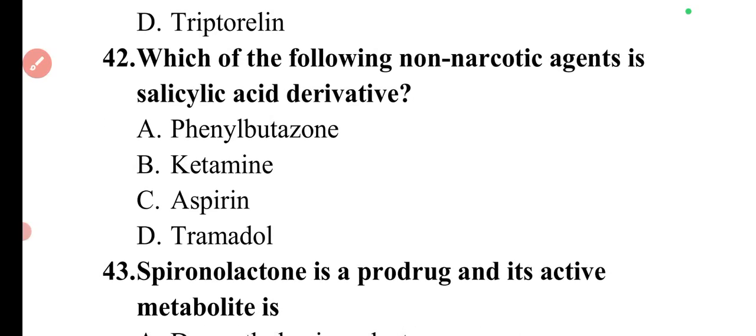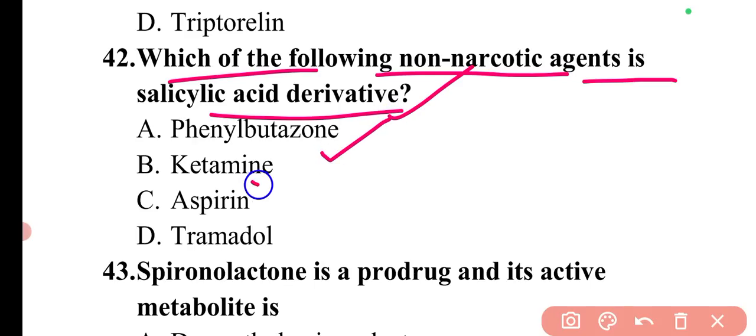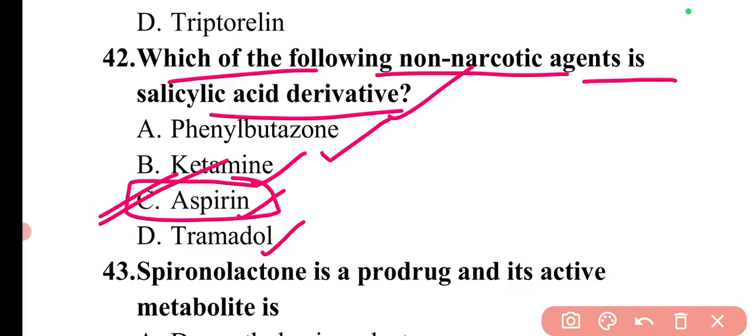Next question is, which of the following non-narcotic agents is salicylic acid derivative? Options are phenylbutazone, ketamine, aspirin, tramadol. The correct answer is option number C, aspirin.